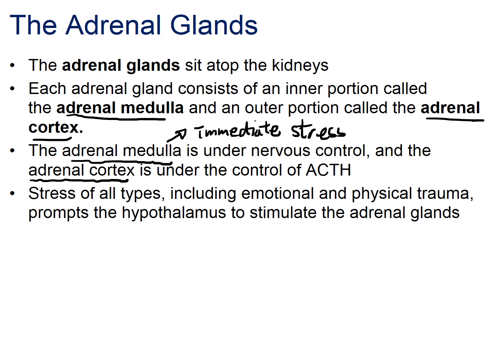Whereas the adrenal cortex is more for long-term stress. Okay, long-term stress, such as being in school, right? Losing a job, right? Losing someone you love, right? All these are going to create long-term emotional and physical stress, and that's going to cause the adrenal cortex to secrete certain hormones, right?